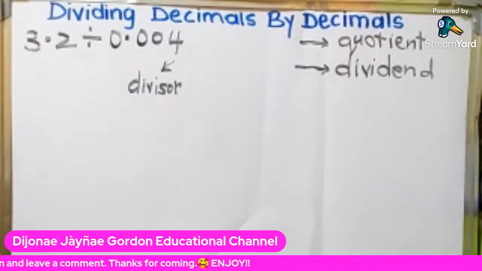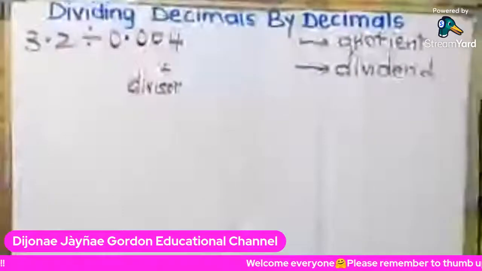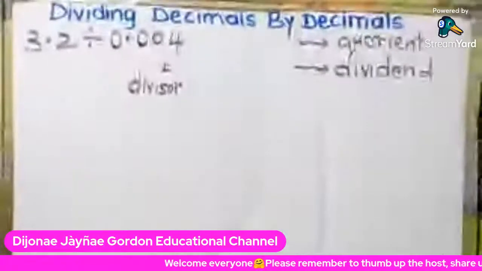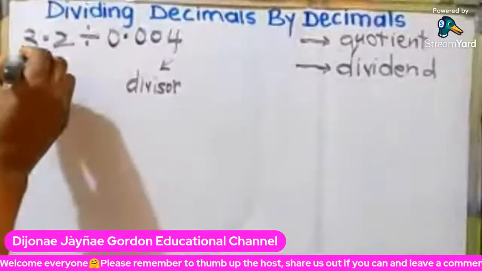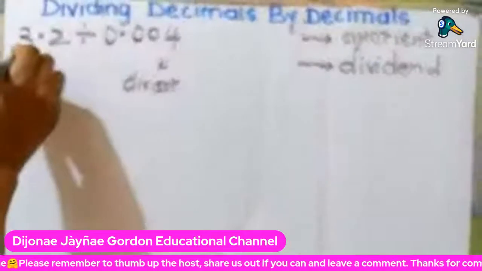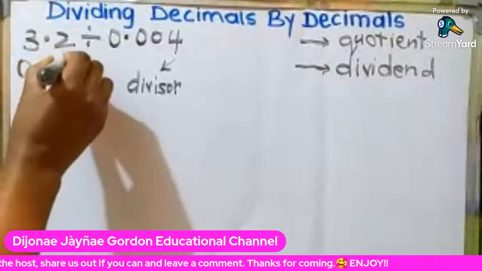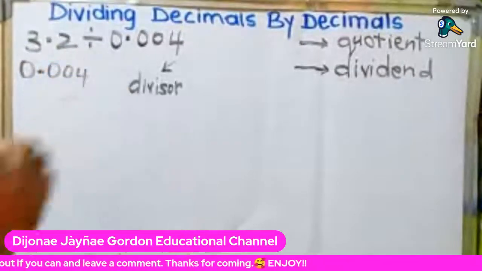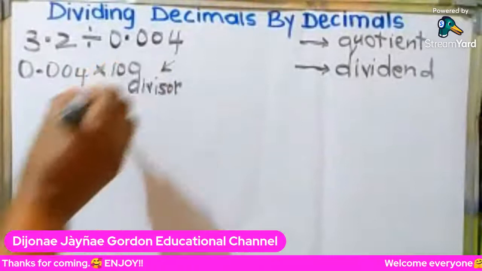So first, you are going to take your divisor, and in order for this 4 to be a whole number, we are going to multiply by 1,000. All right, so let me do it for you. 0.004, and of course, we're multiplying by 1,000.